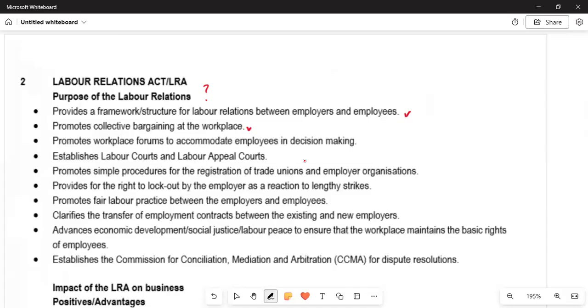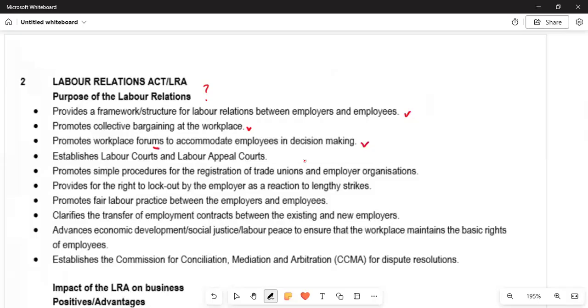The workplace forum simply means a committee. This act enables the workers to have their committee. If ever they have some grievances, if ever there are some disputes, this act allows them to be represented in the workplace. So that is very important.